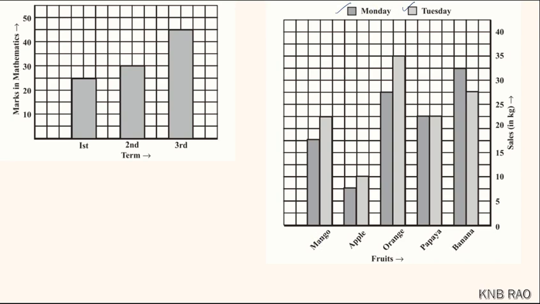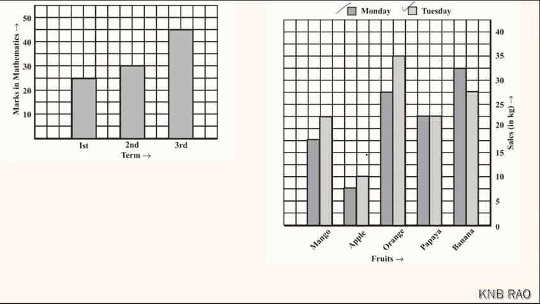Now, mangoes were sold on Monday 17.5 kg. When it comes to the mangoes on Tuesday, 22.5 kg were sold. Similarly, apples 7.5 kg were sold on Monday, whereas 10 kg were sold on Tuesday.